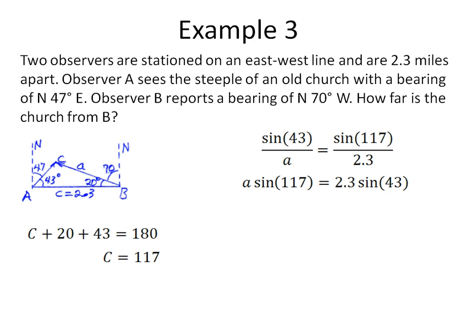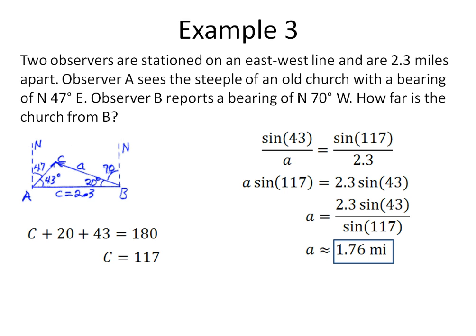Cross multiply gives us that A times the sine of 117 is equal to 2.3 times the sine of 43. Divide both sides by the sine of 117, so A is going to be approximately 1.76 miles.